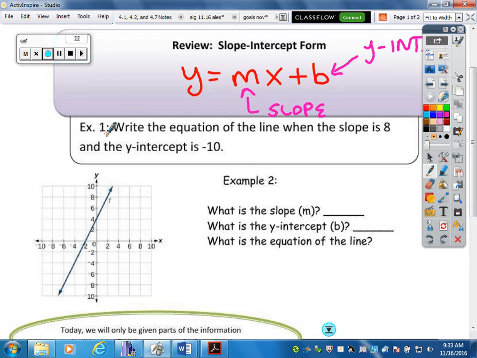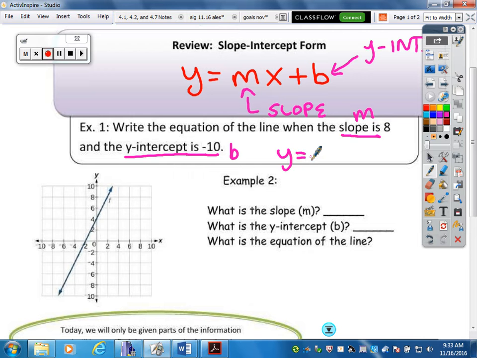Example 1 says, write the equation of the line when the slope is 8 and the y-intercept is -10. So this is an example given the slope m and given the y-intercept -10. So this is what we're used to. In that case, you would just plug into y equals mx plus b the information you've been given.